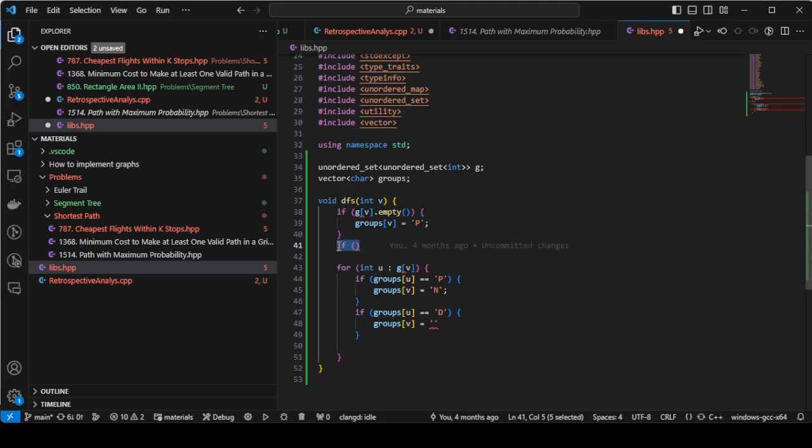We can create a bool is type, and do it like this: groups equals true. Okay, да.